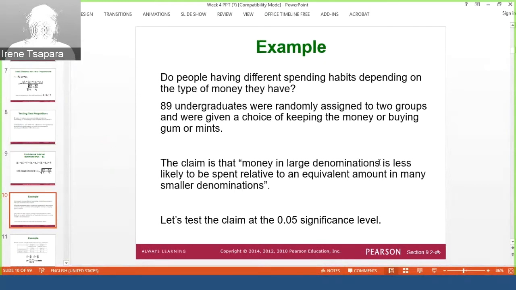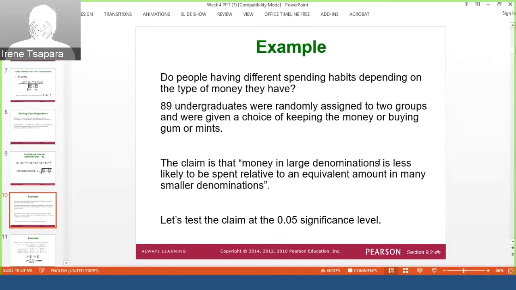The claim is that money in large denominations, so a $100 bill, is less likely to be spent relative to an equivalent amount in many smaller denominations, like 5 20s. We want to test this claim at a significance level of 0.05.